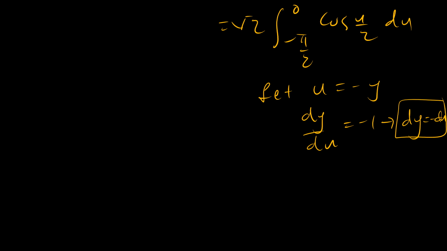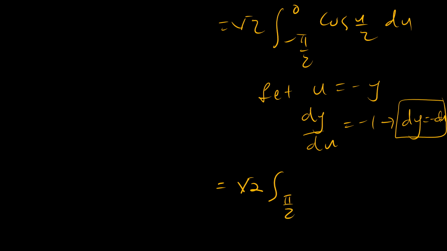And that allows us to remove the negative sign, and cosine of negative y is going to be equal to cosine of y. So we have root 2.